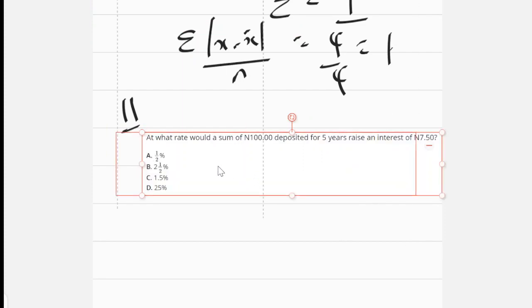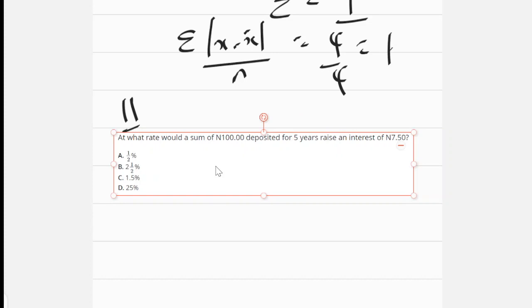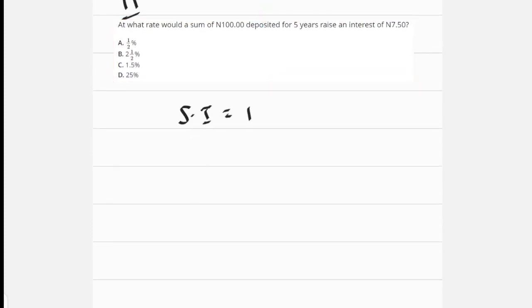So the question says, at what rate will a sum of 100 naira deposited for 5 years raise an interest of 7.5? Don't forget the formula we use to calculate the simple interest. Your simple interest is PRT divided by 100, where P is the principal, that is the money invested, your R is the rate in percentage and T is the years.